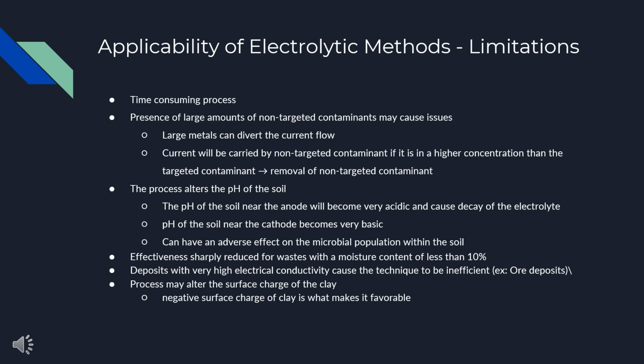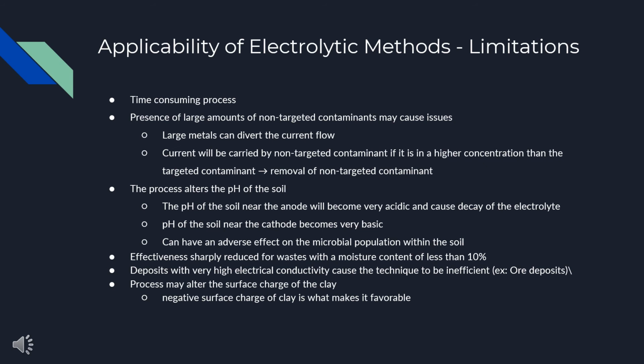Large metals can actually divert the flow of the current in the ground between the electrodes, making contaminant transport more difficult. Likewise, if there is a higher concentration of non-targeted contaminant compared to the concentration of the targeted contaminant, the current will again be disrupted. This means that the non-targeted contaminant would have to be removed first before the targeted contaminant could be removed by electrolytic treatment.